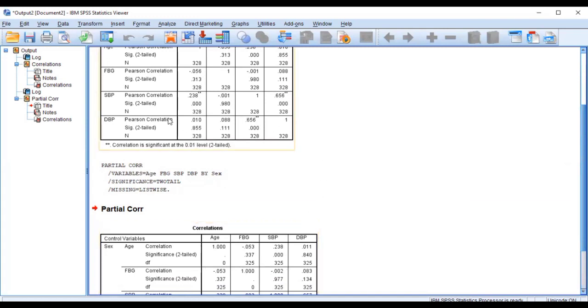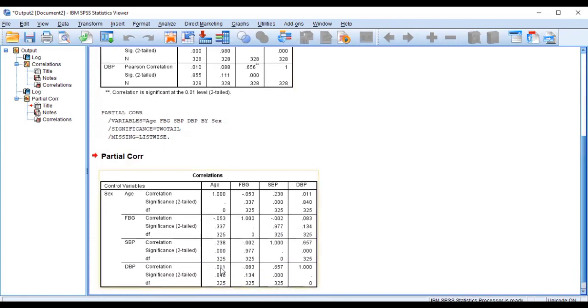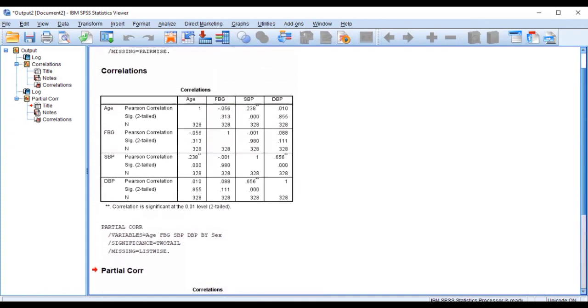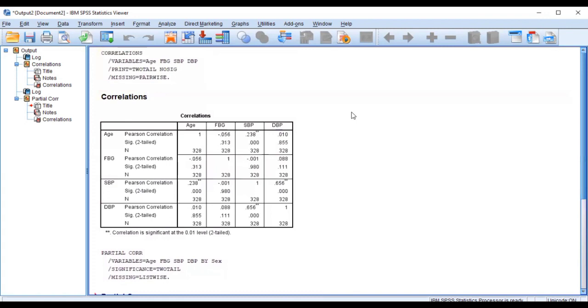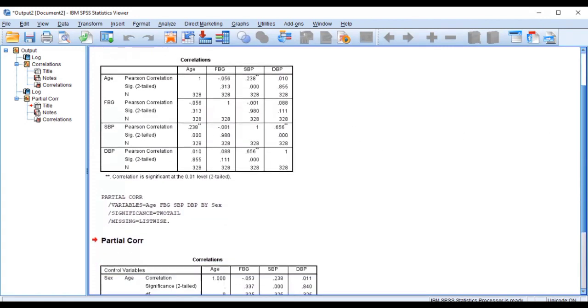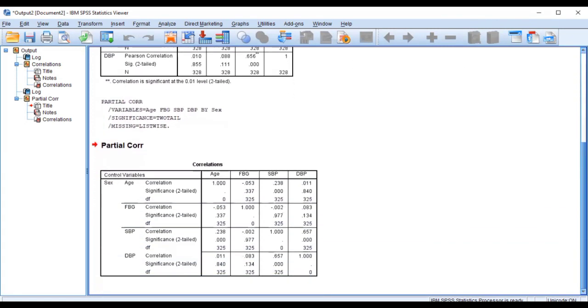And then when we look at diastolic blood pressure too, for here it is 0.010, and over here 0.011. So the effect of sex on it is not that significant. So that is how you can be able to control some variables that literature has established to have some association or some effect on the association you are looking at. Basically, this is how it is done using the SPSS platform.